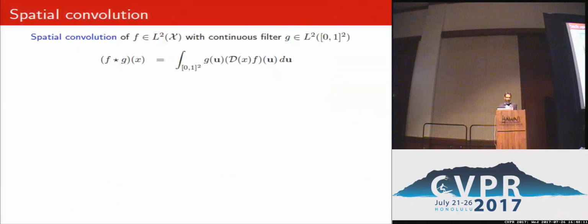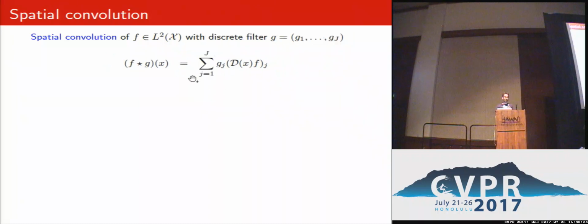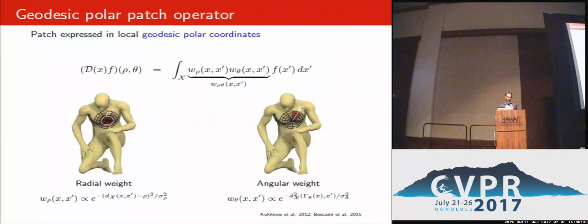We can define the spatial convolution with a filter in this way: we take the local patch, multiply it by our filter and sum everything up. This can be a continuous filter or a discrete filter, depending on whether our family of weighting functions is continuous or discrete. In practice, of course, it will always be discrete.